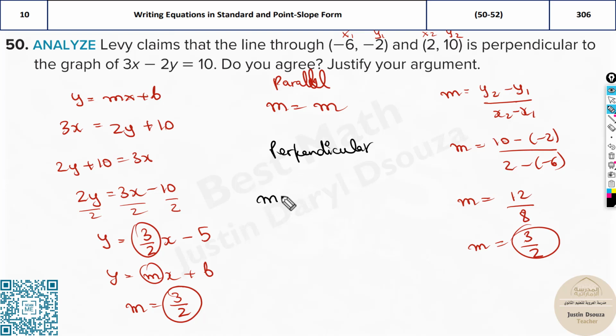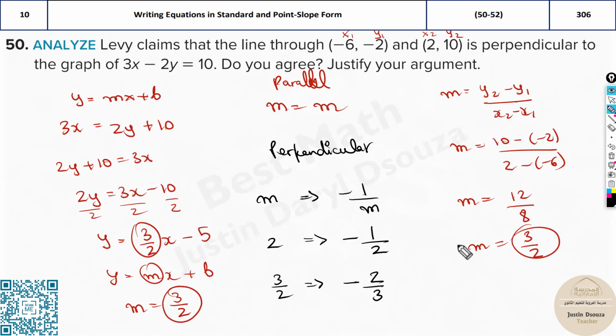Let me write it. m must be equivalent to minus 1 by m. In the sense that, if I have, say, 2 as the slope, the perpendicular line's slope will be minus 1 divided by 2. If I have 3/2, it should have been minus, and you can swap this because it's a fraction, so 2/3. This should have been the slope.